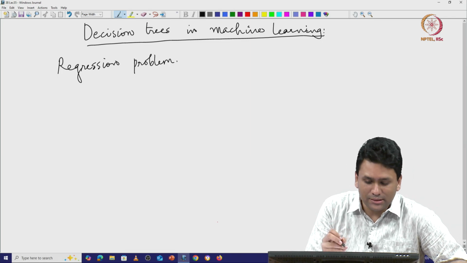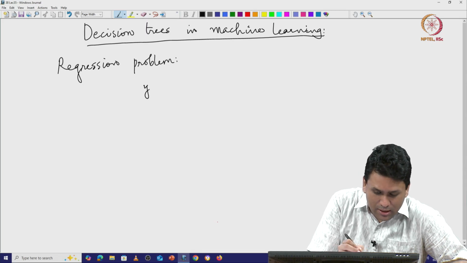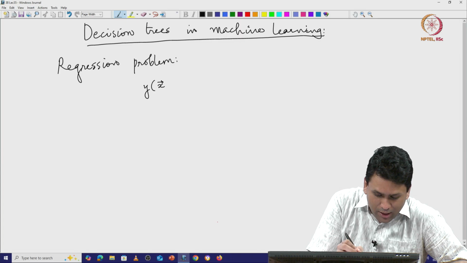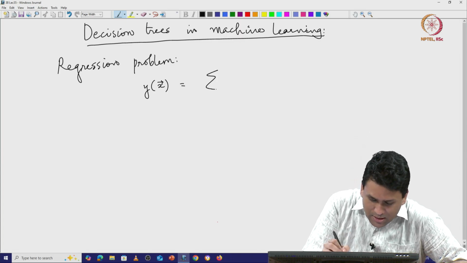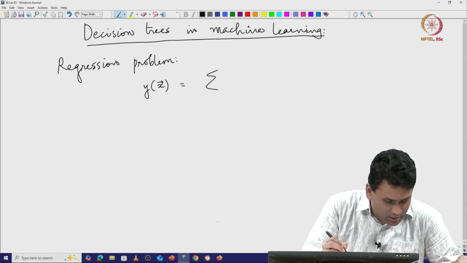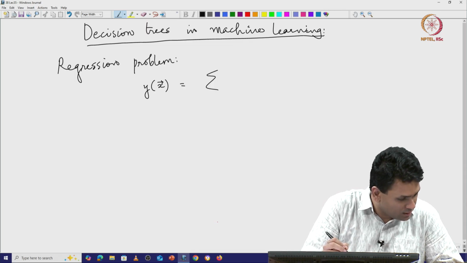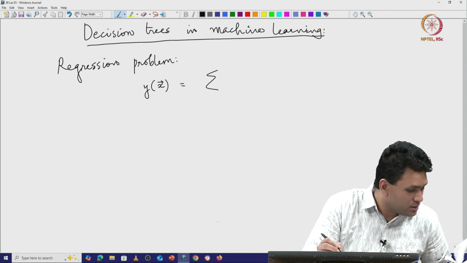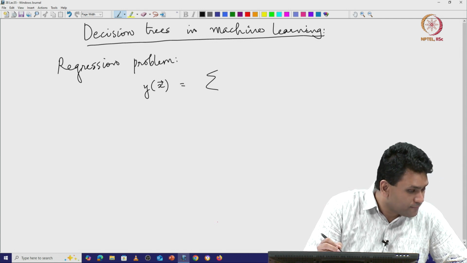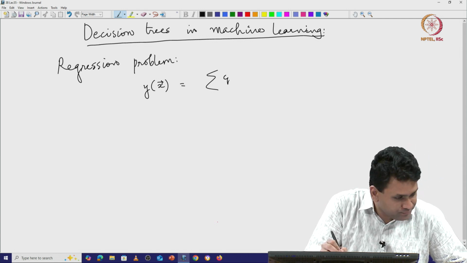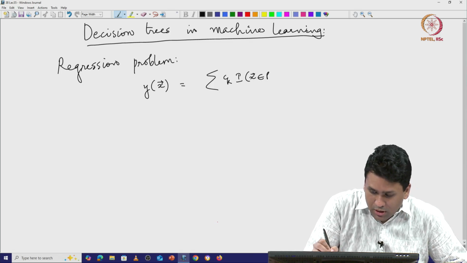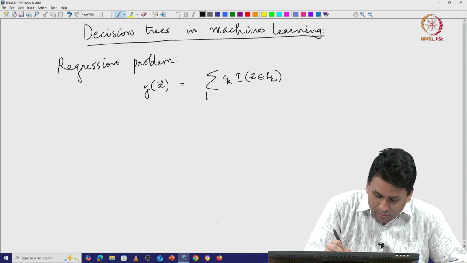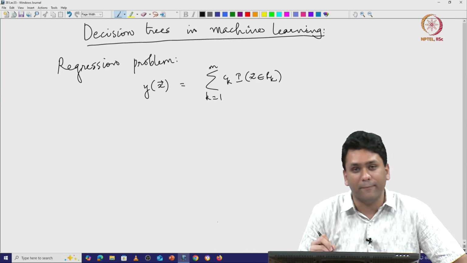And what we had written in the previous class is that the prediction of y, which is the target variable, as a function of the feature vector x, is just a sum over all the regions. You have ck times an indicator function x belongs to rk, and this goes from k equals 1 to m.